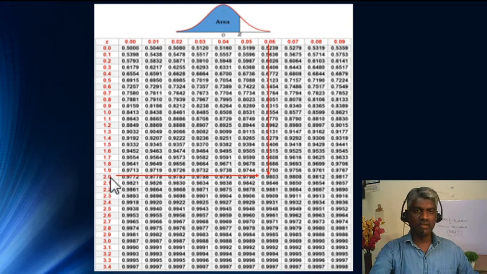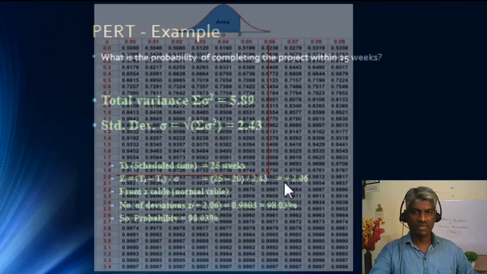So here we are having 2.0, that is 2, and this is 0.00, 0.01, 0.02. So 2.06 is, this is 2 and this is 0.06. So the value corresponding to these two, the intersection point, is the corresponding value for Z equal to plus 2.06, which is 0.9803.